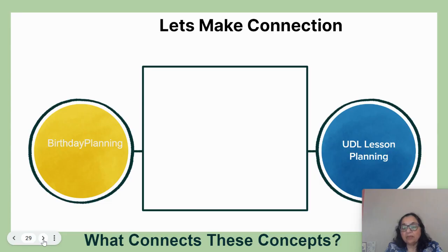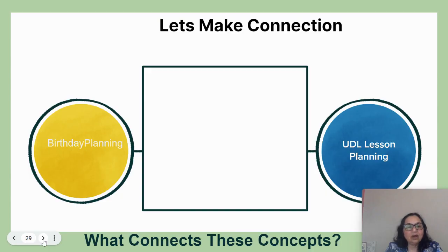Then the methods, which should be flexible. Then the materials, which should be flexible, giving a buffet of choices so students can choose what works best for them. So the most important thing is to consider learner variability and proactively remove all those barriers so they can reach the goal.